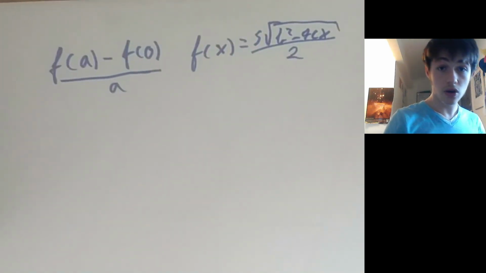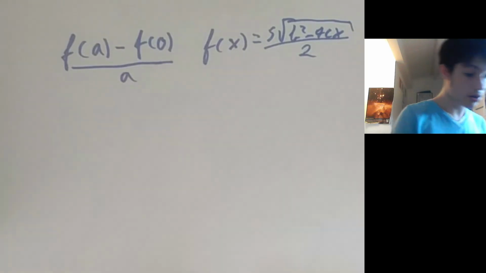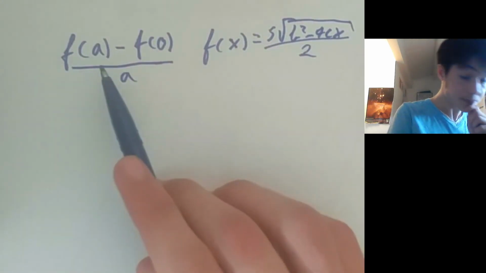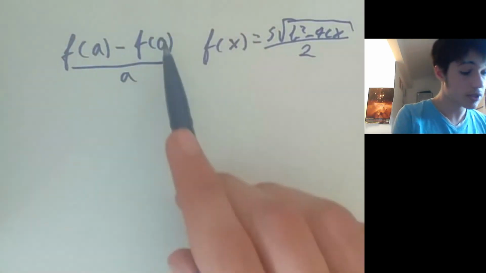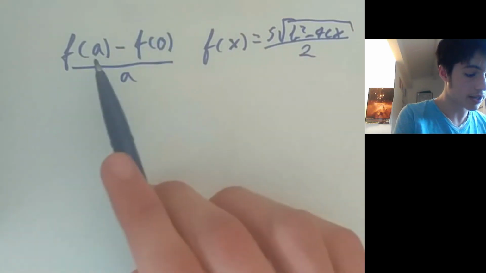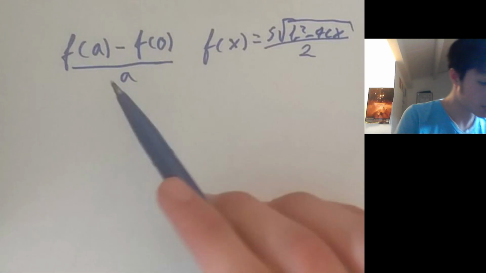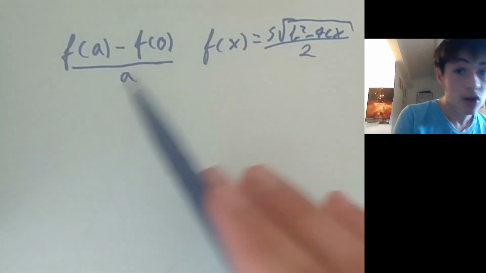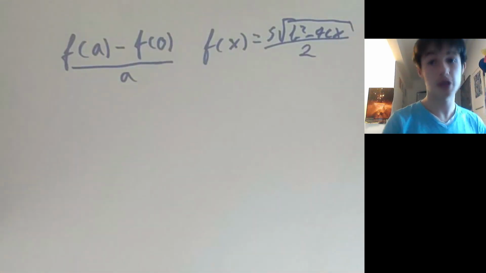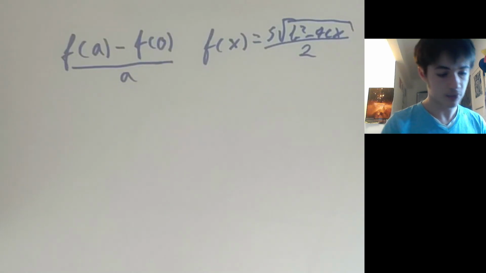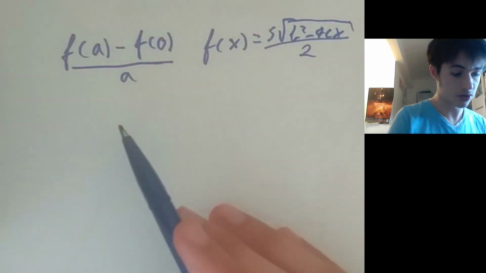And of course this is the slope of this function between these 2 points, x equals 0 and x equals a. So this actually becomes a slope of this function between 2 points, but actually becomes a limit if we let those 2 points go to 0.